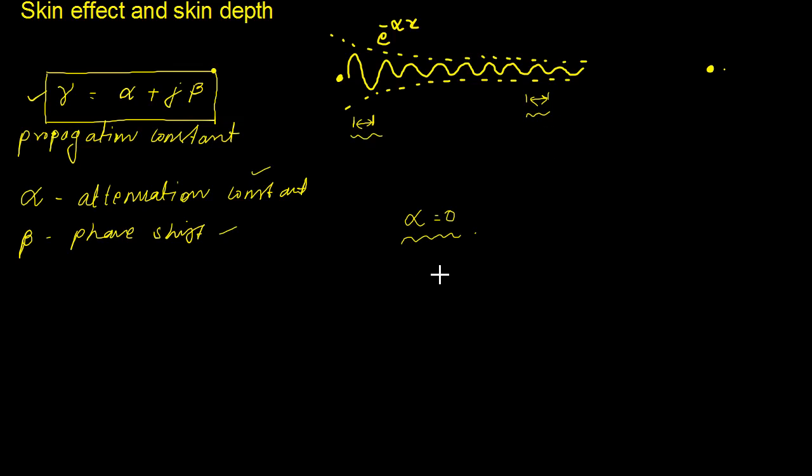So there alpha is not equal to 0. This is the case when the electromagnetic wave propagates through a lossless medium. And this is the case when it passes through a conducting medium.